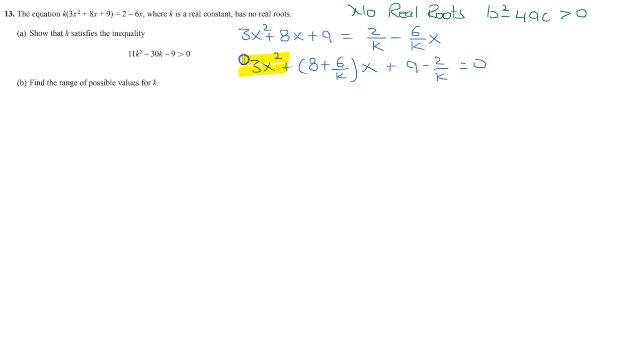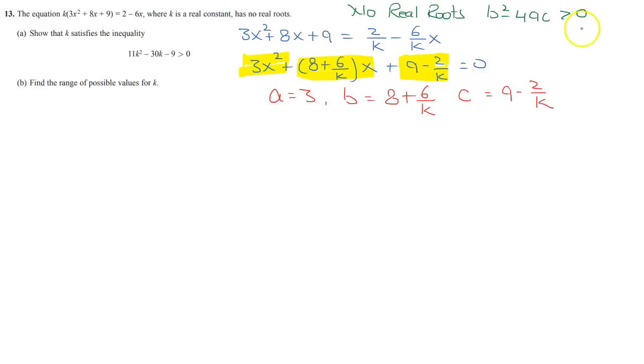This is a term with x squared, this is the term with the x, and this is a constant. So I have the values a is equal to 3, b is equal to 8 plus 6 over k, and c is equal to 9 minus 2 over k.